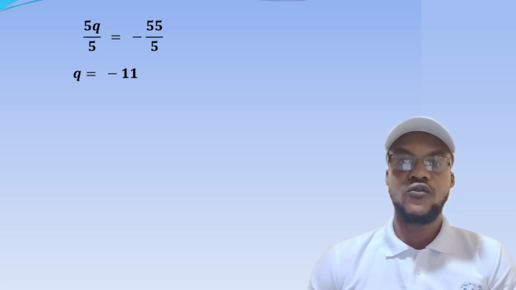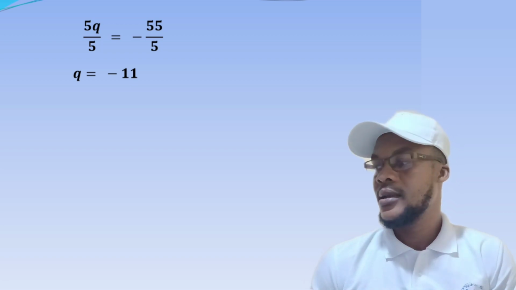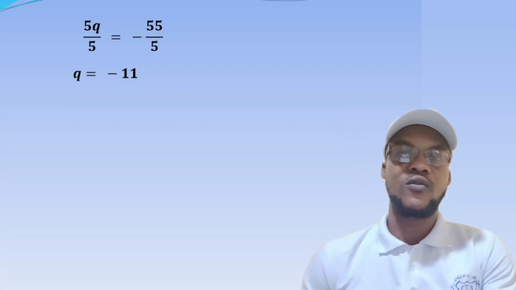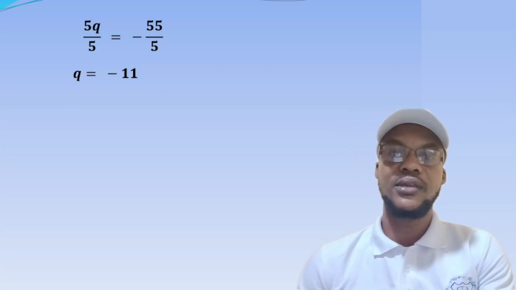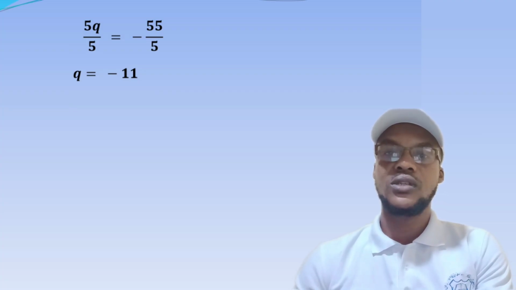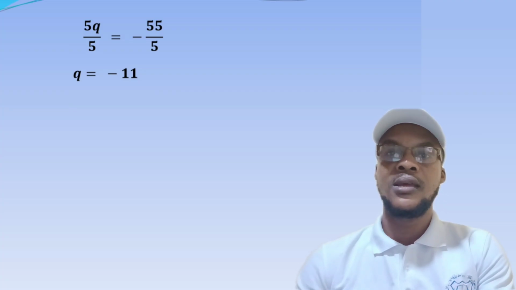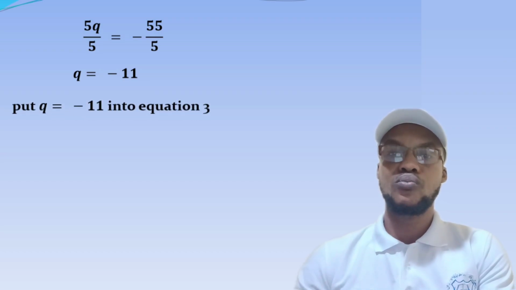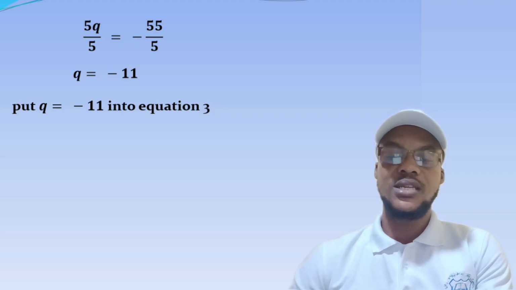Once we are able to find Q, then it will be easy for us to find P. And how do we find P? It's just a matter of substituting Q is equal to negative 11 into any of the 3 equations we have. In this case, I'm going to put Q into equation 3, because that will be easy.